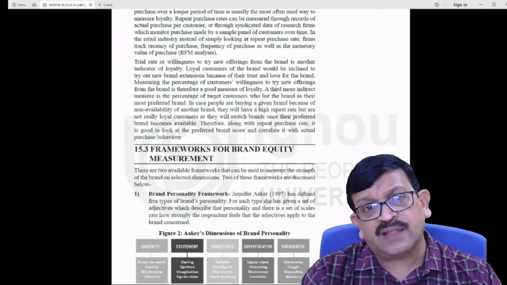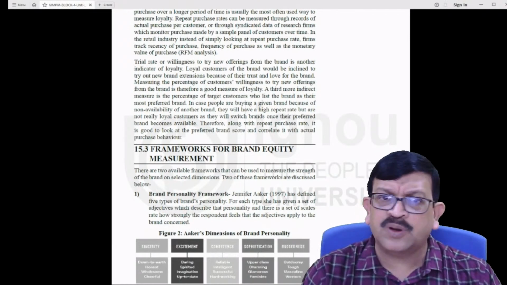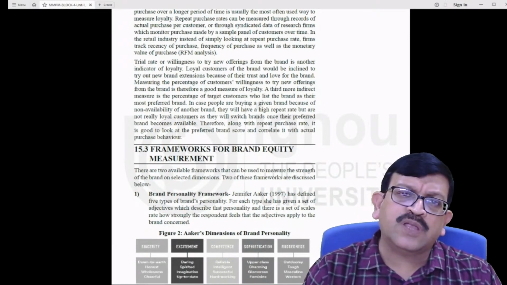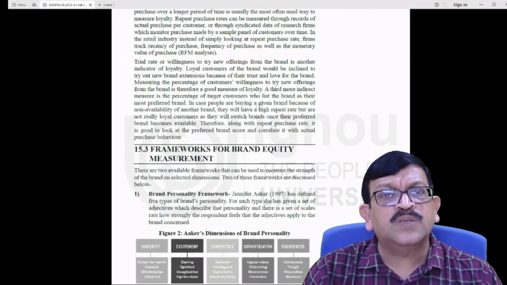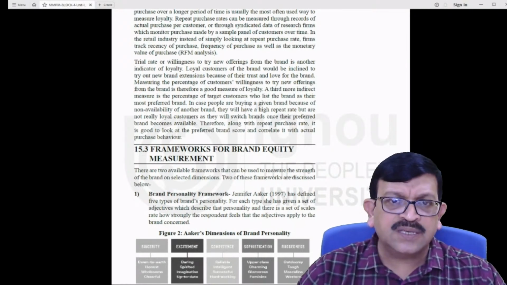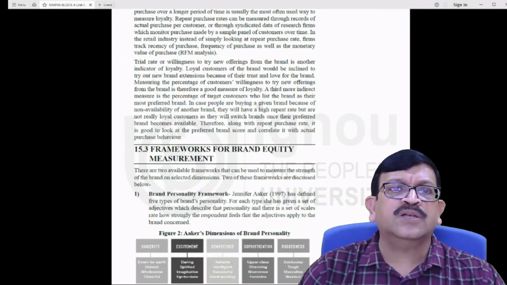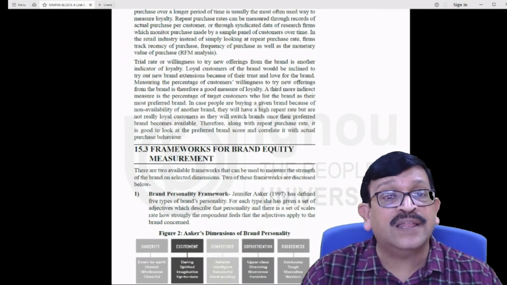Even in the product itself, the colors they talk about are very different from what a Lakme would talk about. So though it comes from the same family, I may have two brands which talk very differently to consumers and have a different kind of personality.